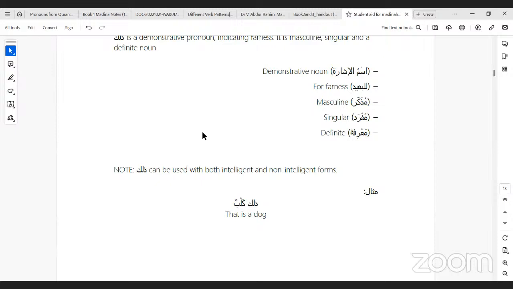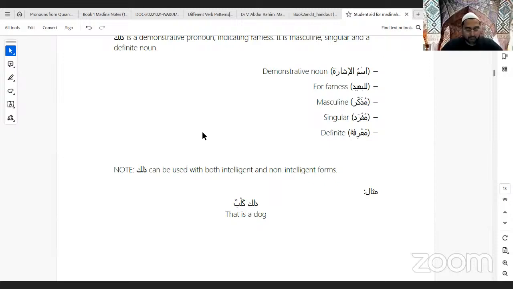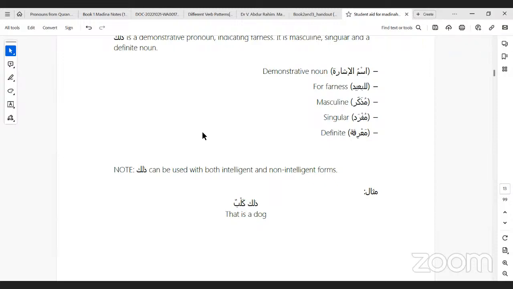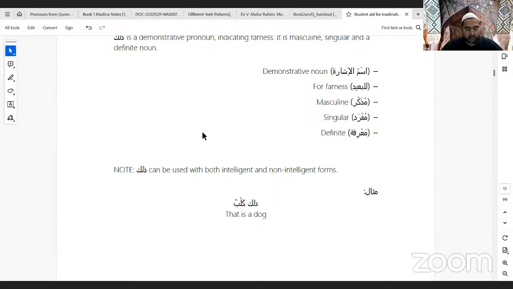Ma'rifa, definite. Note, dhalika can be used with both intelligent and non-intelligent forms. Dhalika kalbun, that is a dog. So dhalika shows farness, it's masculine, it's singular, and it is definite in nature. Correct. Okay.